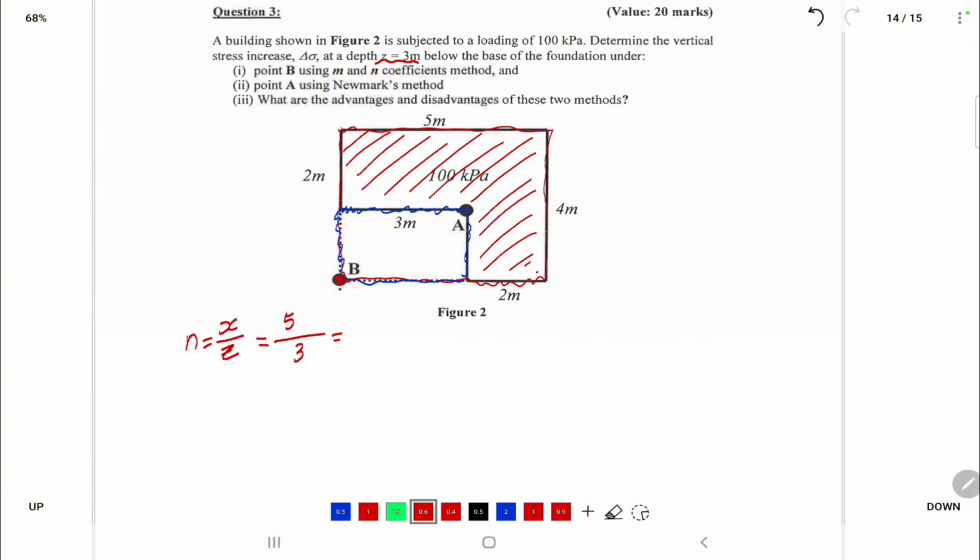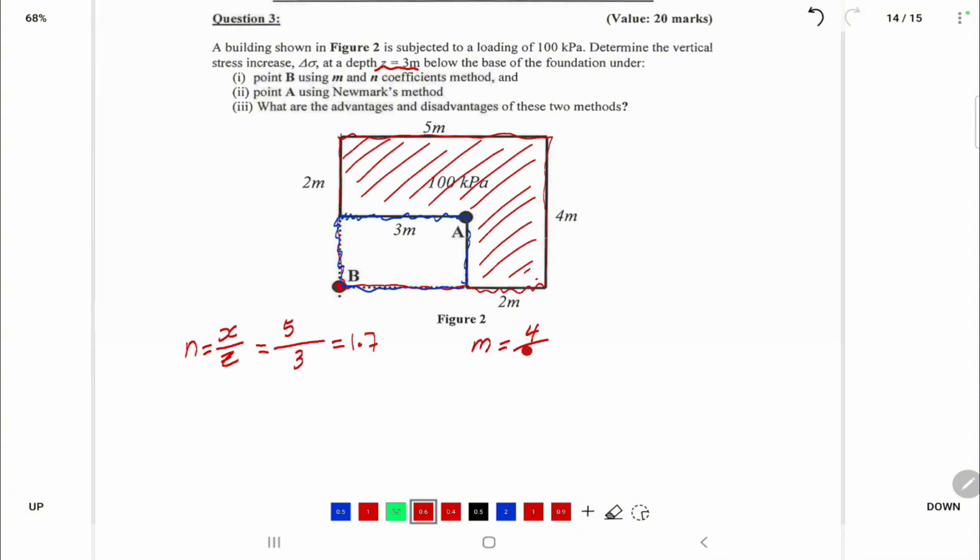So this one you can say is 1.7. M equals this side, so it is 5 by 4... so it is 4 by 3, which is 1.3. I'll go with these values, 1.7 and 1.3.